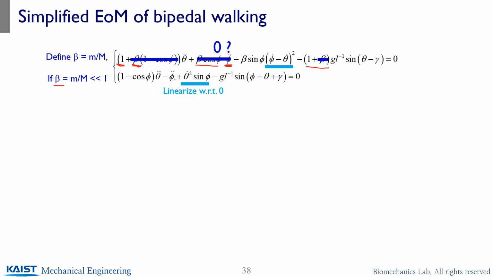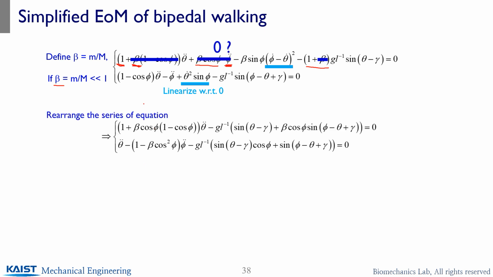So if I rearrange this, the second equation can be written in terms of something like a 1 plus beta term multiplied by the theta double dot. So here, now I can say that this beta effect compared to this one is going to be considered small. So in that case, I can just approximate this as negligible. So you have to check by rearrangement whether those beta terms can be ignored.